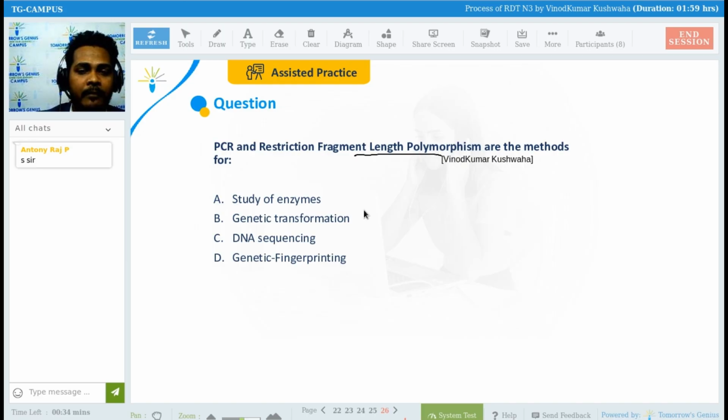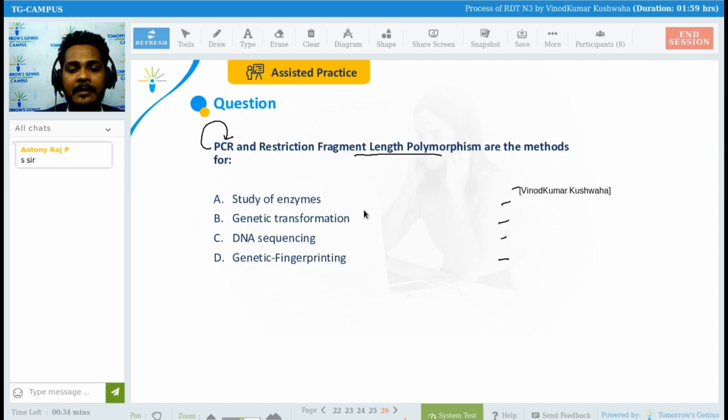So what are we doing here? We multiply the DNA using PCR, and we separate it according to size. If the DNA is separated according to size, it comes under sequencing, because you are sequencing the DNA. So it is a part of DNA sequencing. It is not genetic fingerprinting.